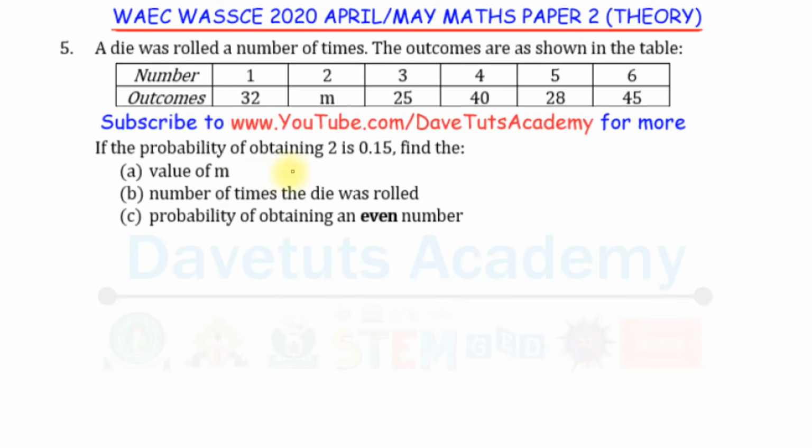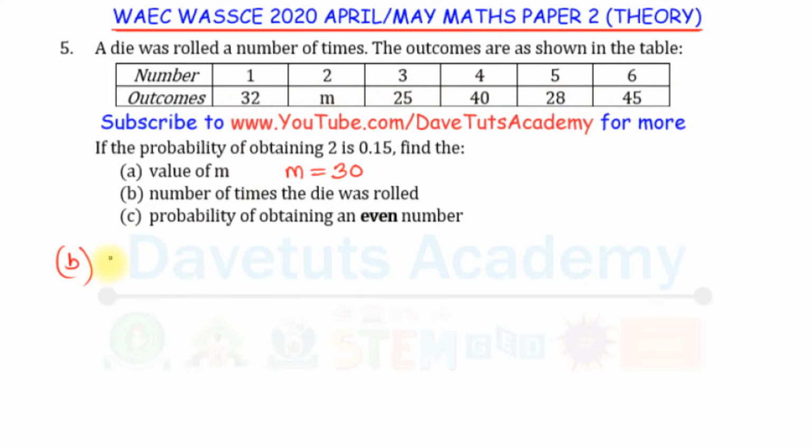Here in the first case, we've been able to get m to be 30, and in this second question, we are to find the number of times that the die was rolled. The number of times that the die was rolled is going to be the addition of all the outcomes.